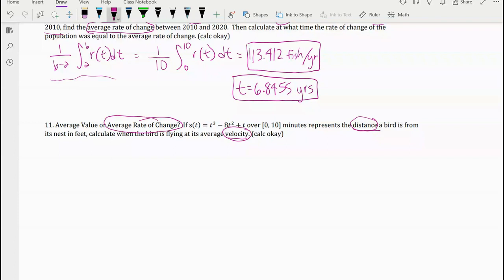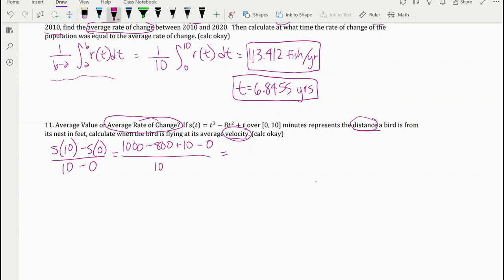So I am going to go ahead and, sorry, I'm ignoring that phone call. I'm going to find the average rate of change. So the average rate of change would be S of 10 minus S of 0, slope of the secant, over 10 minus 0. And that's going to be 1,000 minus 800 plus 10 minus 0, so 0, over 10.